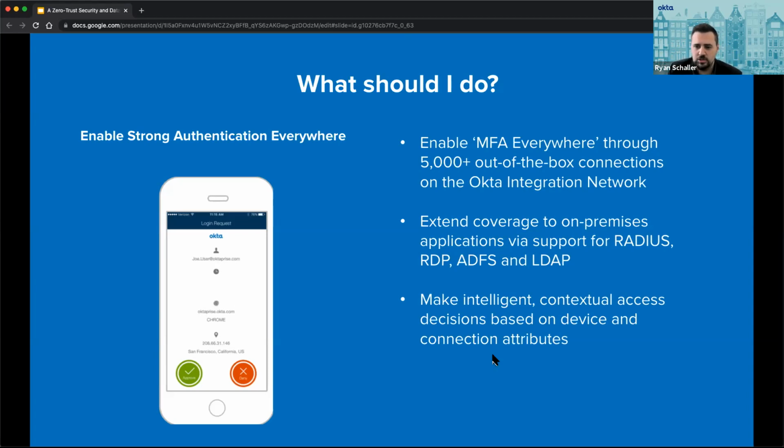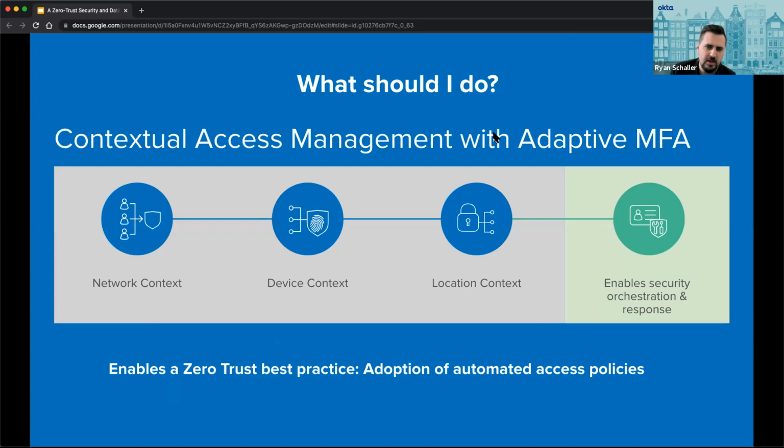Oh, great, I did 2 clicks of a button, or 3 clicks, and I was able to file for unemployment very easily, which saved me time, right? I was able to go pick up my kids from school and still do this. Those are the kinds of things you'll enable when you have strong authentication, but also simplified services. And then zero trust is the name of the game today.